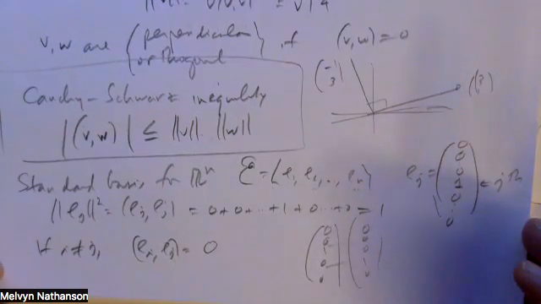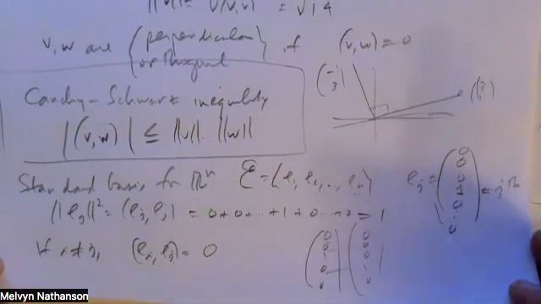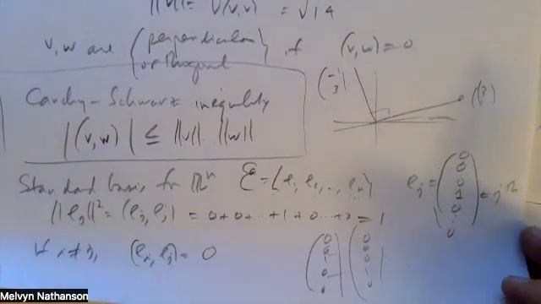In many cases, a basis with that property is very nice. So you want vectors that are mutually orthogonal and have length 1.